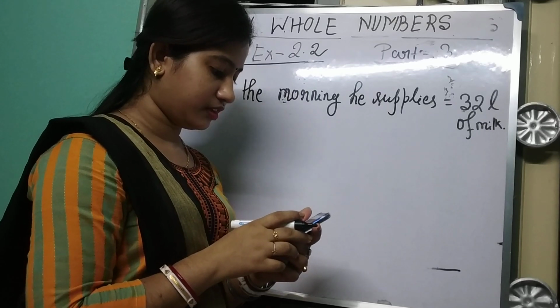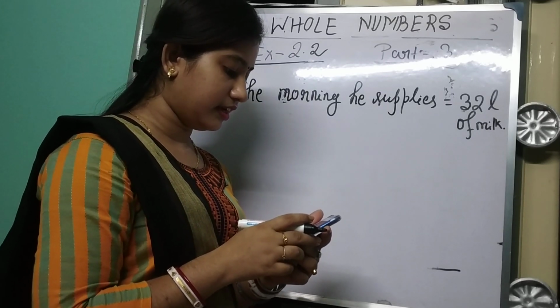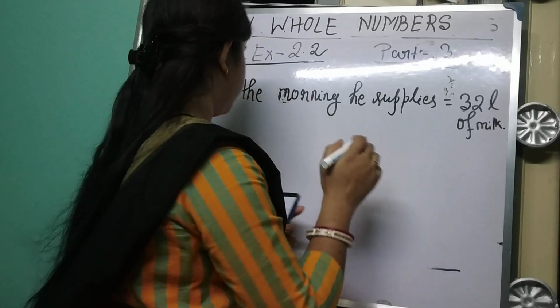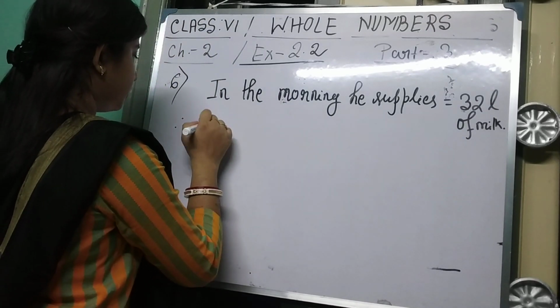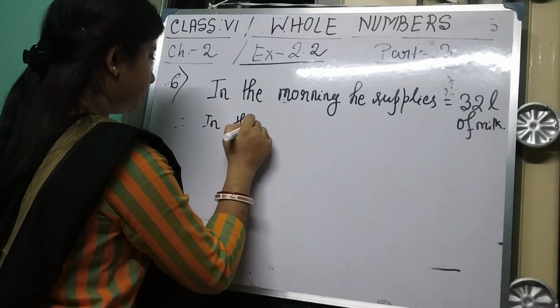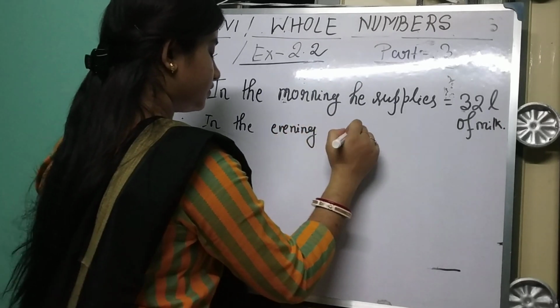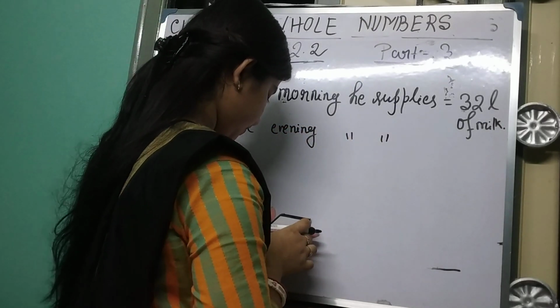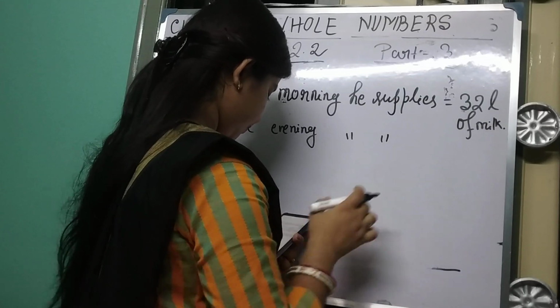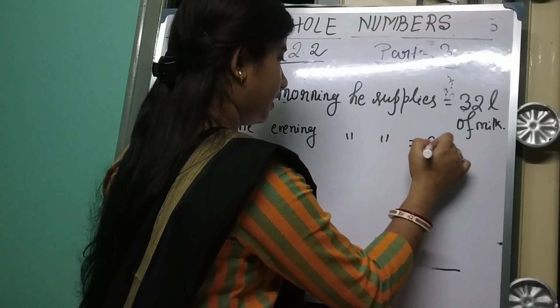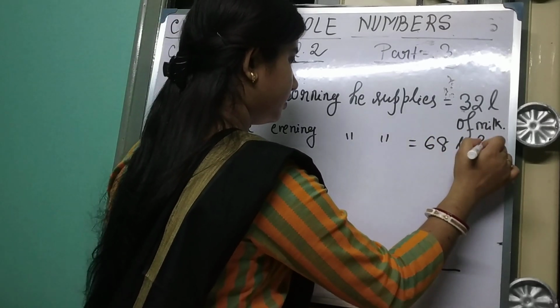And next, 68 liters of milk in the evening. So in the evening he supplies 68 liters of milk.